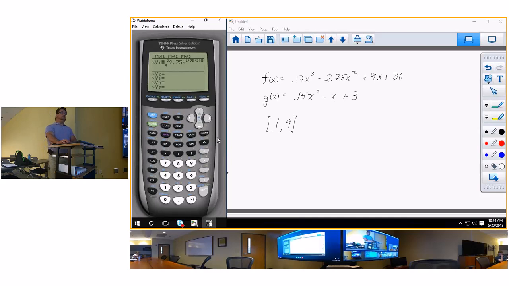I hit the arrow. I hit it twice. Minus, insert.